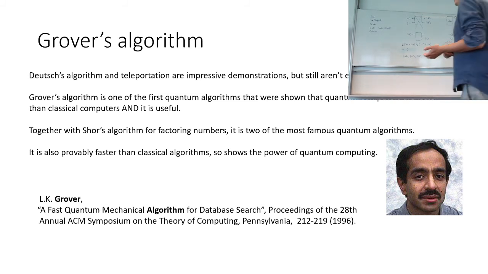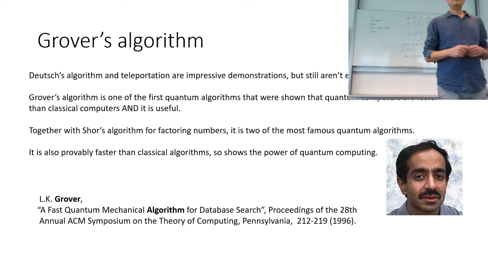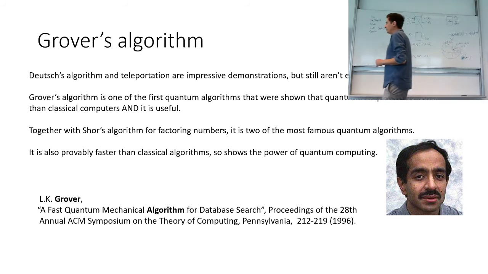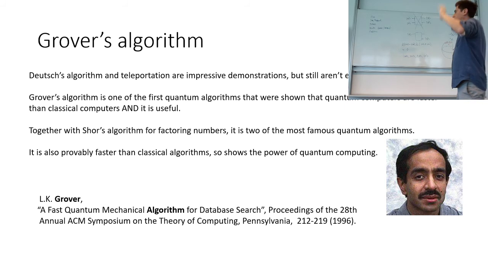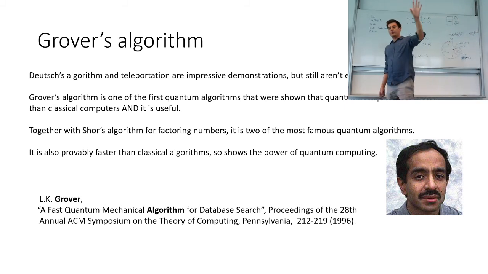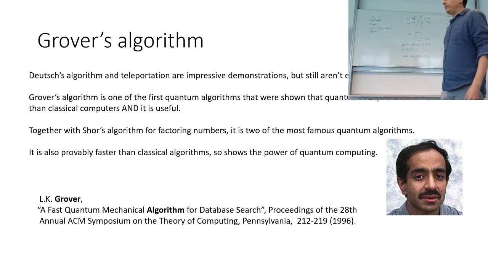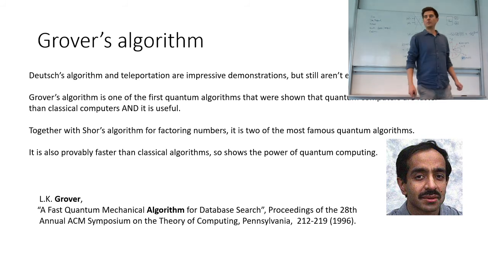So Grover's algorithm was invented by, of course, Mr. Grover here, and this is considered probably one of the two very famous algorithms in quantum computing. It's at the top of all the quantum algorithms everybody has in mind. There's Shor's algorithm, which was the first algorithm that showed that you could do a useful task with an exponential quantum speedup.